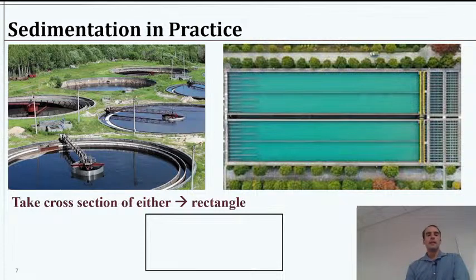It doesn't really matter if we use a horizontal, linear one, or a radial one. Either way, we can map how particles are settling as a function of distance from where they started. So in the very simple case, we have particles, water flowing in this direction, and particles settling over time as water flows.